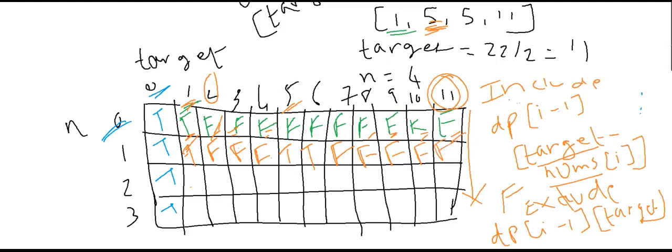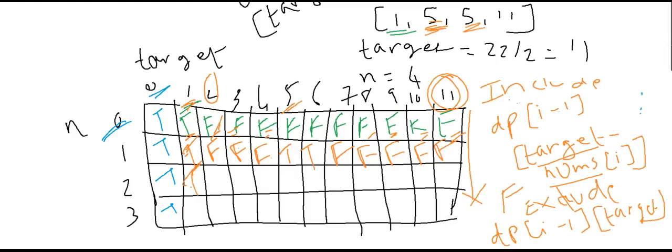Let's go here. Here our target is 1, nums of 2 is 5, negative for include, but exclude, when we exclude it, it's true. So this will be true. 2 minus 5, which is minus 3, that's for include.